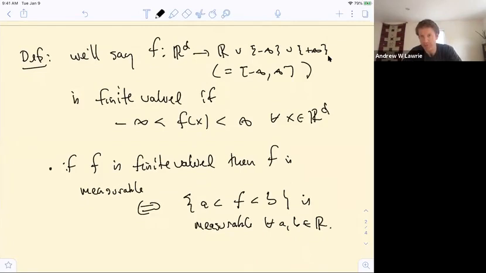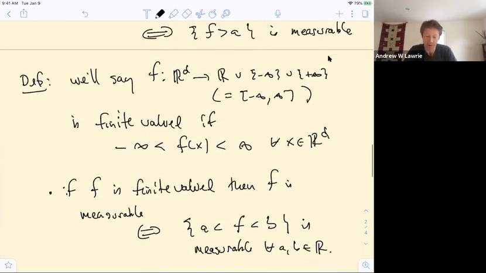So if you just look at all preimages of bounded open intervals, and those are all measurable, then f is measurable, and vice versa. Okay. So this is the definition of a measurable function.